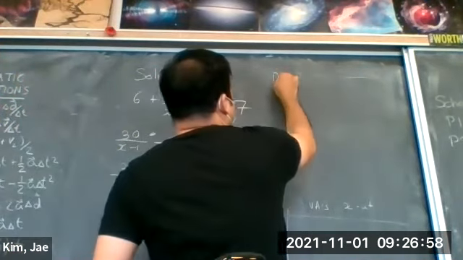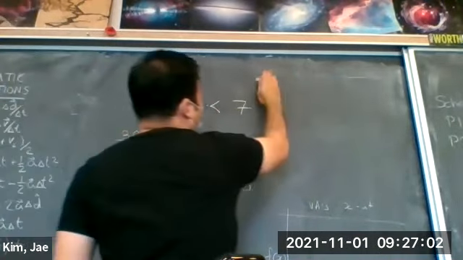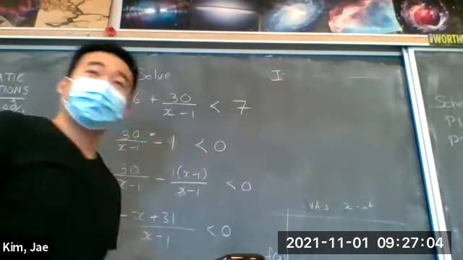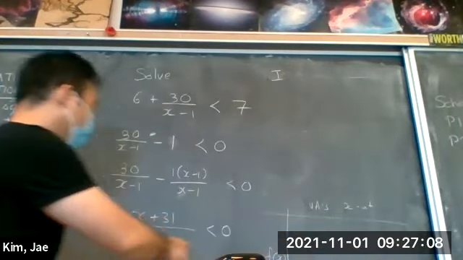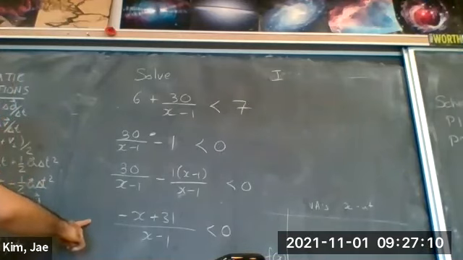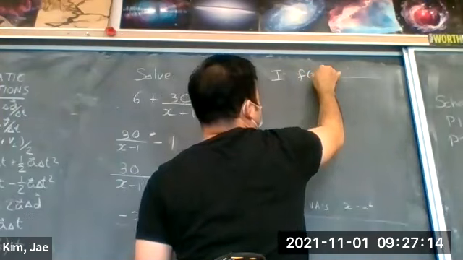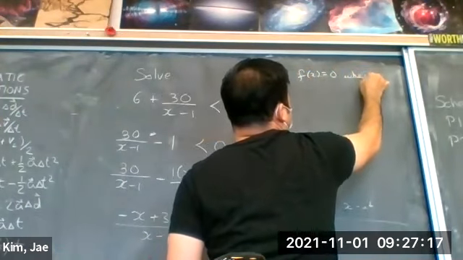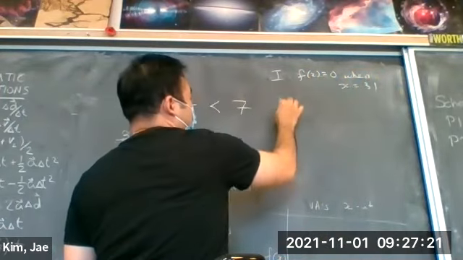So, domain, I don't really care about that, do I? I'm going to go straight to intercepts. I don't care about the y. When is this going to be equal to 0? It's 31. X is 31. Good. Asymptotes.